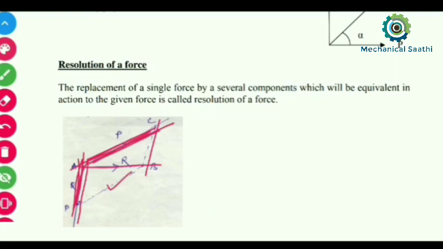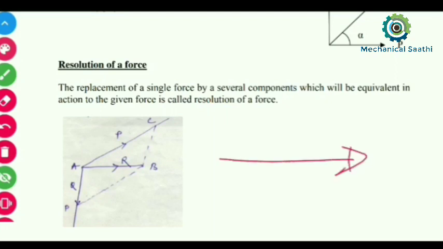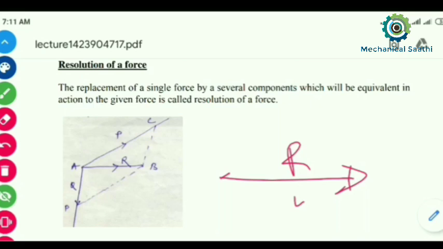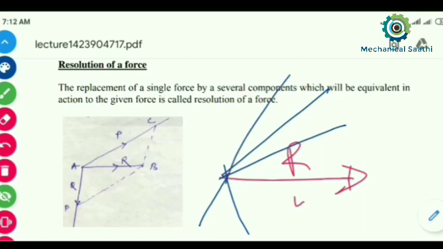So let this be R, and we can get a number of components from this force. Let me change the color. I can get components like this, or like this, or like this. So a number of components we can find for this resultant R.